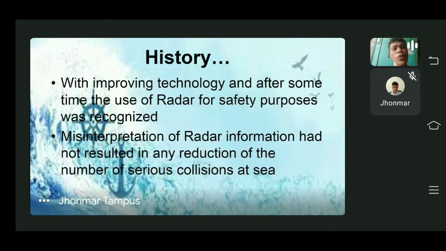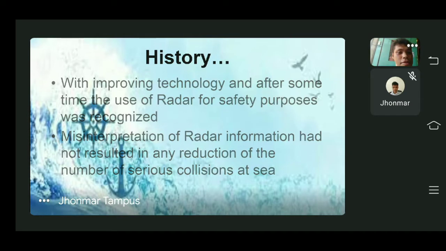With improving technology and after some time, the use of radar for safety purposes was recognized. Misinterpretation of radar information had not resulted in any reduction in the number of serious collisions at sea.